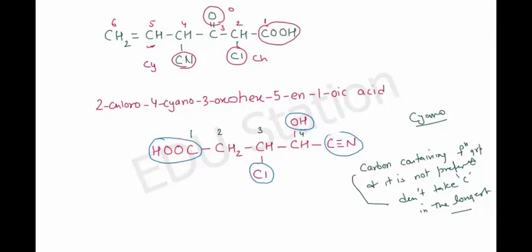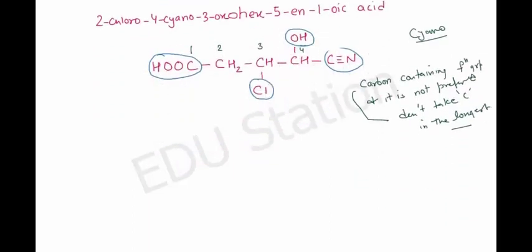Now we'll try and name this. We'll have but-an-1-oic acid, 4 carbons, all single bonds, so an. For acid we write oic acid. Now we're left with chloro, cyano, and alcohol.